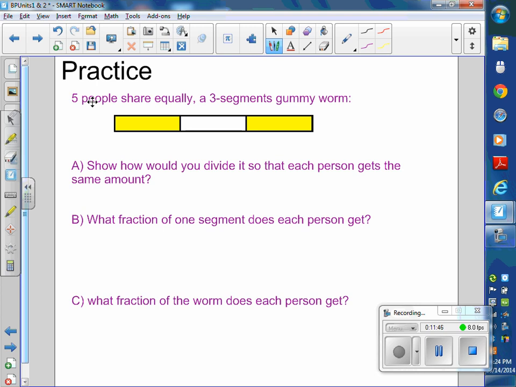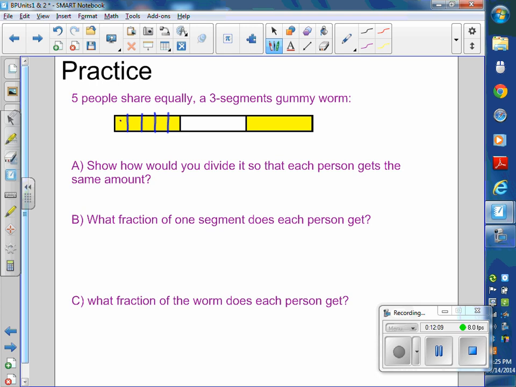So I bet a lot of you would, well, there's so many ways. Most 6th graders would probably divide each little piece into 5. It's a lot of work, but it's logical. So if there's 5 people, we'll give them different initials.